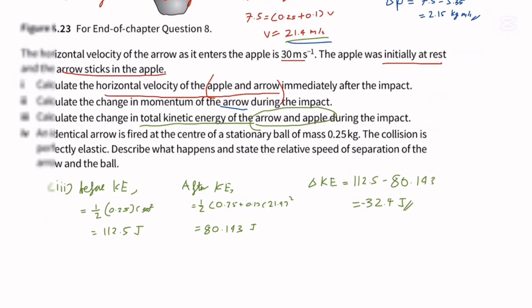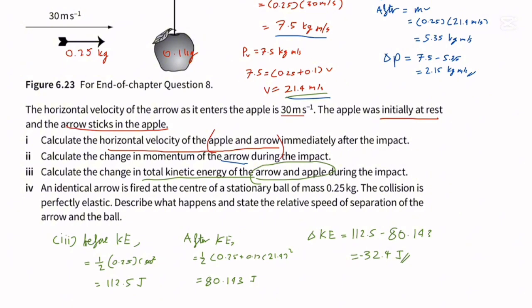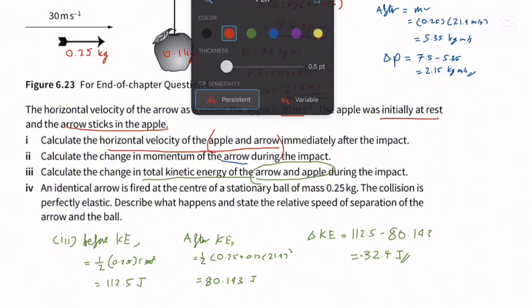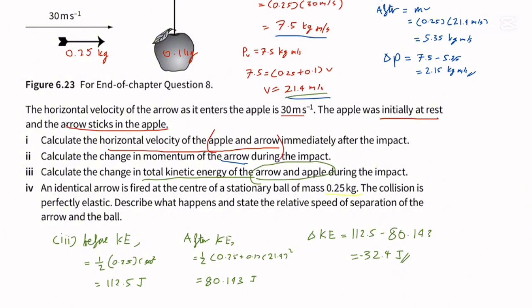Okay, so last question, an identical arrow is fired at the center of a stationary ball of mass 0.25 kilogram. Okay, so same mass. Same mass. So same mass, the identical arrow, stationary ball. So okay, the collision is perfectly elastic.